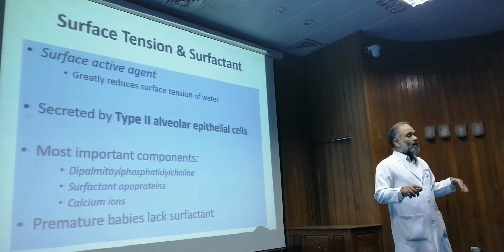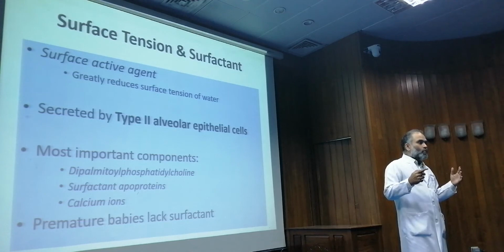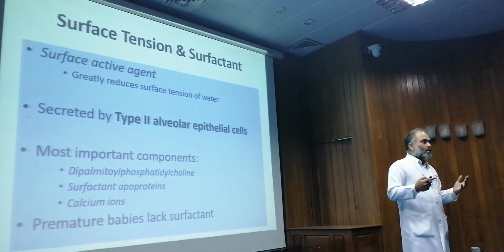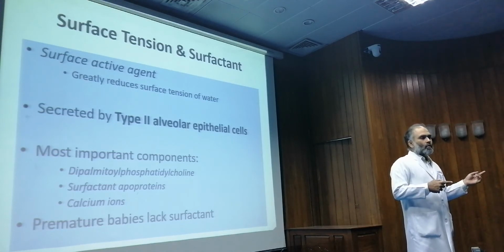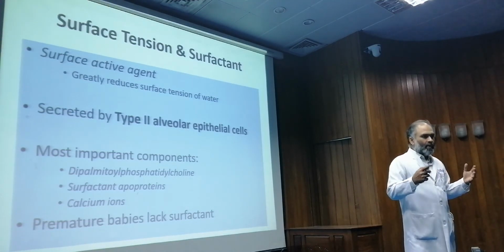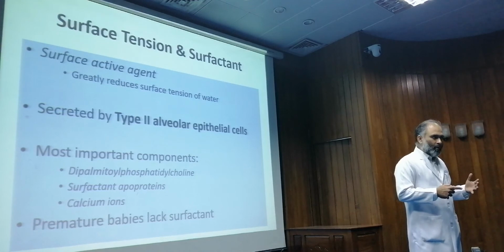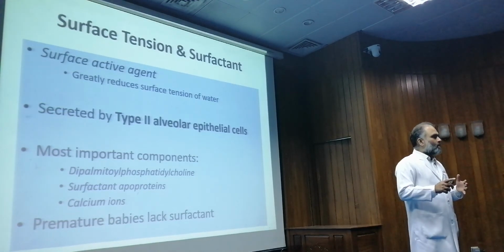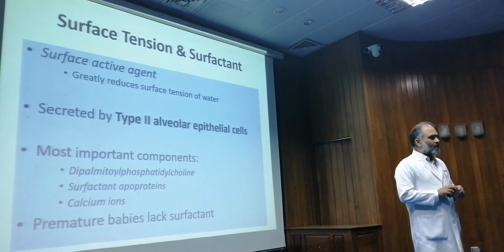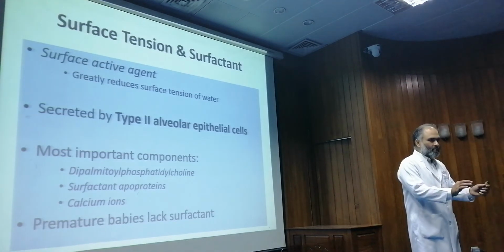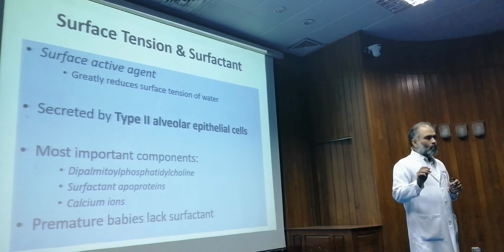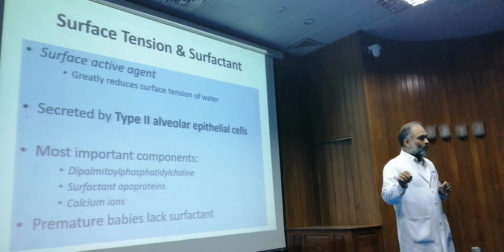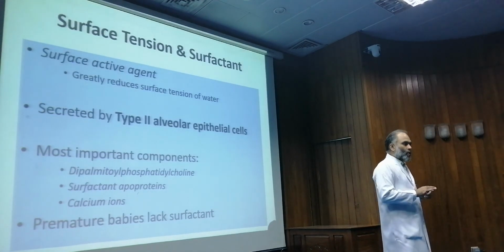Done? Babies who are born prematurely lack surfactant. So whenever there is an obs team ready to deliver a premature baby, what are they ready for? As soon as the little guy comes, they put him to respiratory support, because his or her lung would not.